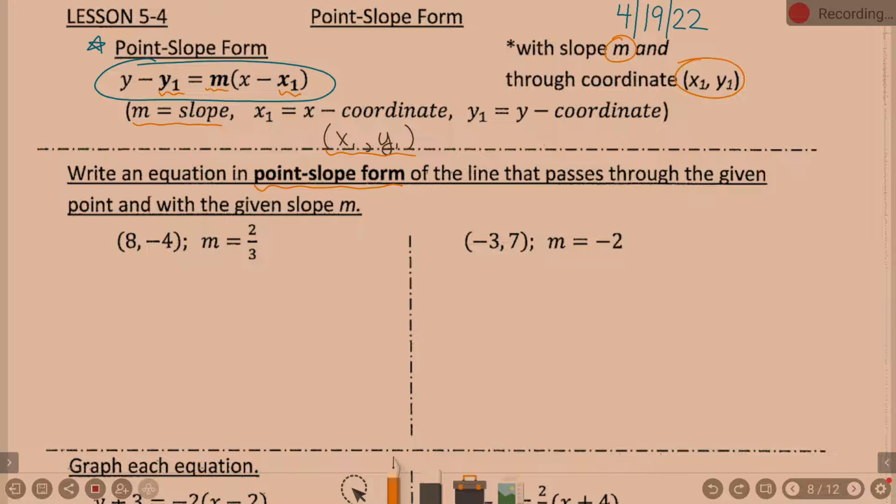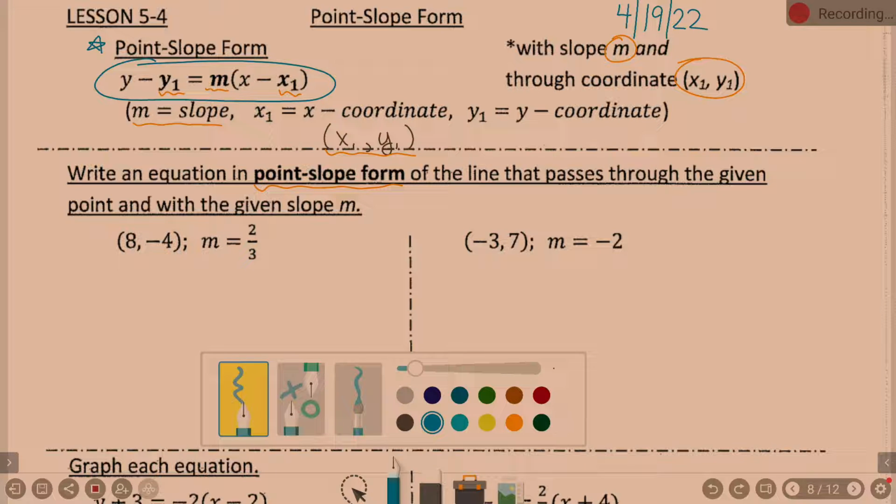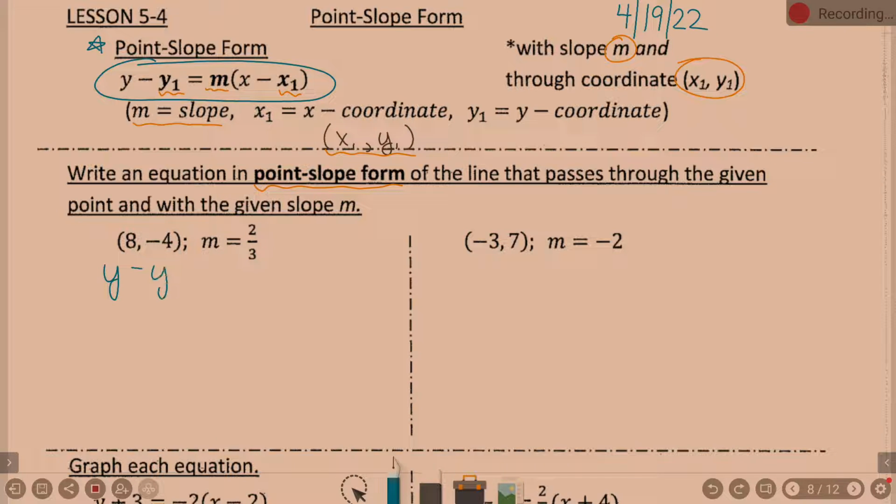So we're going to fill in point slope form here. I'm going to fill in y minus y1 equals m times x minus x1. Okay, do you see the pieces? First of all, what do we know about an ordered pair?